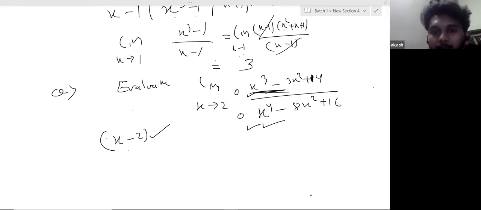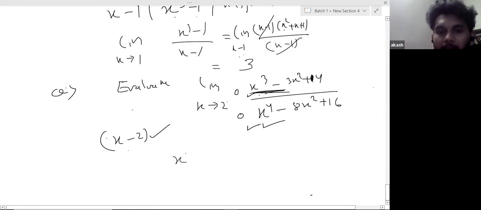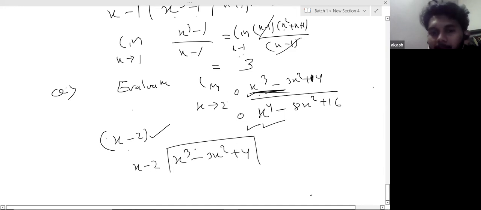All right. What you can do here is take this equation. So you have x cube minus 3x square plus 4 divided by x minus 2. You know how to divide, right? So this is x square. So x cube minus 2x square. This is plus, so minus x square plus 4.